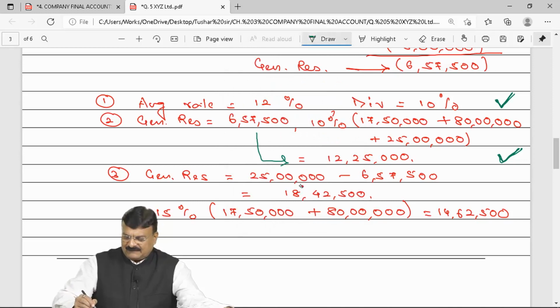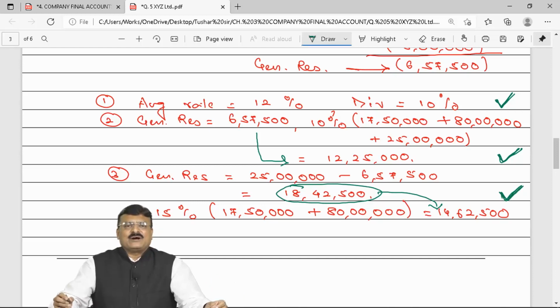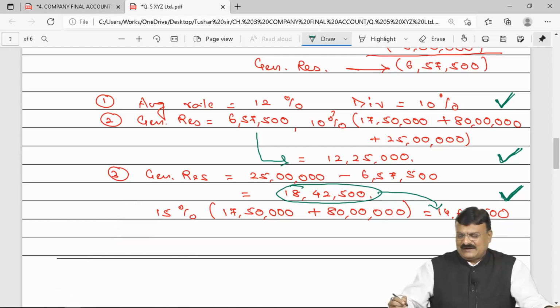Is our balance left after utilization more than this 15% or not? Yes, sir, it's more than 15%. So even condition number 3 is fulfilled. That means our company will be authorized to declare a dividend after using the general reserve, because our company has satisfied all 3 conditions. Okay, so that completes the variety, declaration of dividend.